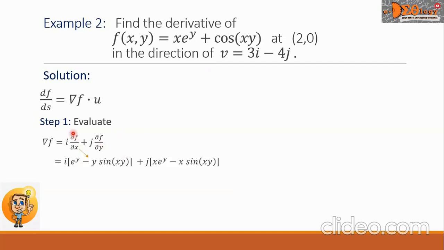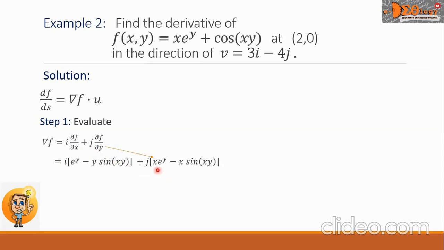So we have now the partial derivative of f with respect to x as e raised to y minus y times sine of the quantity xy. So we write here the i. Then plus the component j times the quantity partial derivative of f with respect to y.